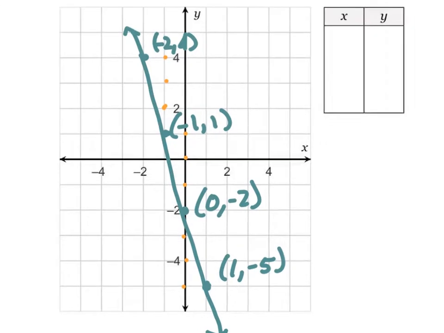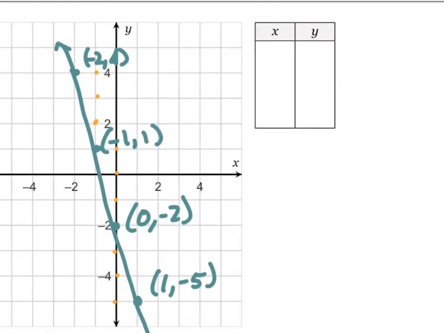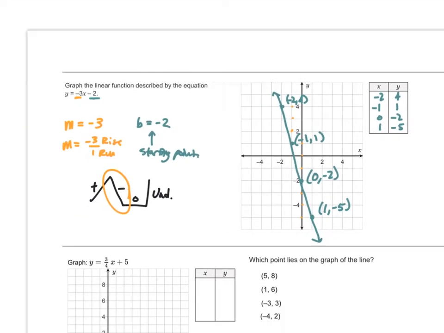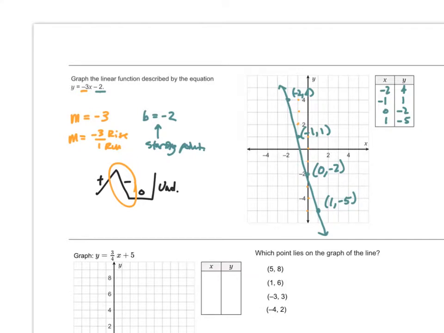And so then, if I plot those points, just over here on the table, we get negative 2 and then 4, negative 1, 1, 0, negative 2, and then 1, negative 5. Okay? Pretty easy, not too bad, but pretty standard stuff, all right? I'm just using the slope and the y-intercept to help me graph this, okay?